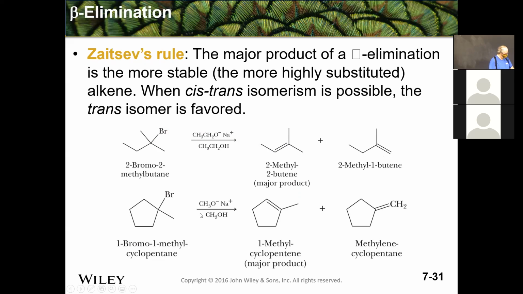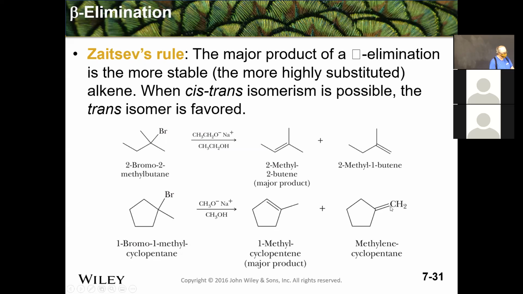Okay, another example here. This is 1-bromo-1-methyl-cyclopentane. We have beta hydrogens on our methyl. We've got 2 here and 2 here. Both of those sets of 2 would give us the same double bond, whether the double bond is here or here, it's the same product.